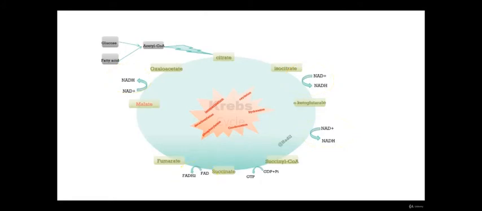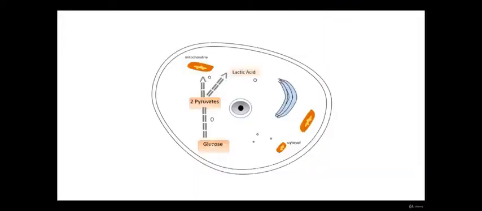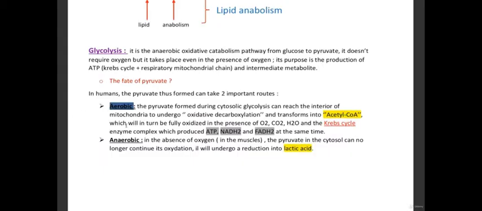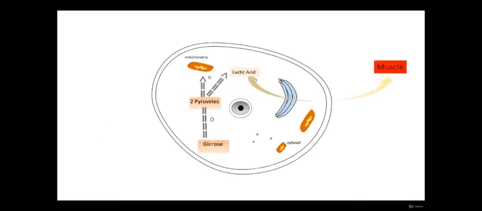These metabolites or coenzymes will join the mitochondrial respiratory chain to transform these coenzymes into energy in the form of ATP. Anaerobically, that means in the absence of oxygen in the muscle, the pyruvate in the cytosol can no longer continue its oxidation. It will undergo a reduction into lactic acid or lactate.